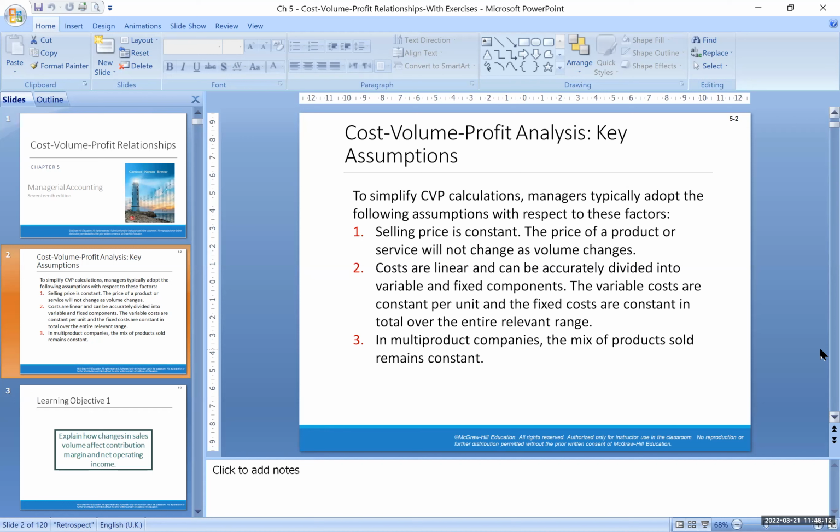Just to remind you about the words variable and fixed, the total variable cost changes in regard to the outputs or the units of activity. So if we produce, then we will pay the total variable cost. It will increase gradually with the units of activity.